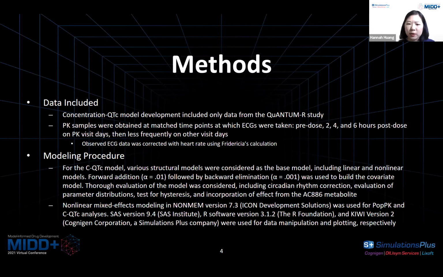Model selection was based on typical criteria, including objective function evaluation, inspection of goodness-of-fit plots, and decrease in inter-individual variability estimates and/or residual variability estimates. The model was developed using the first-order conditional estimation method with interaction in NONMEM.